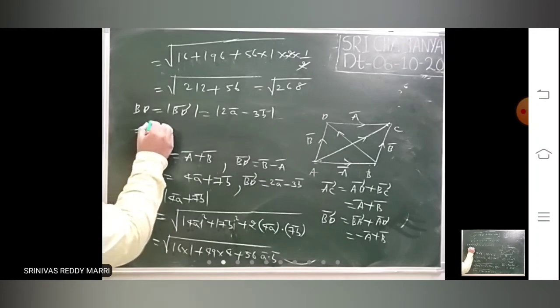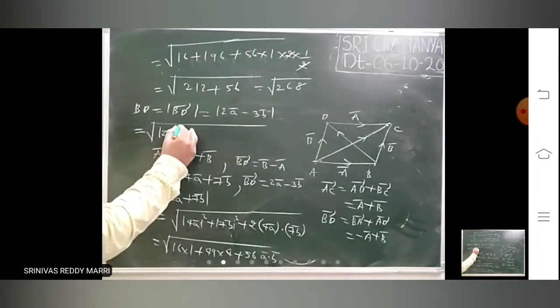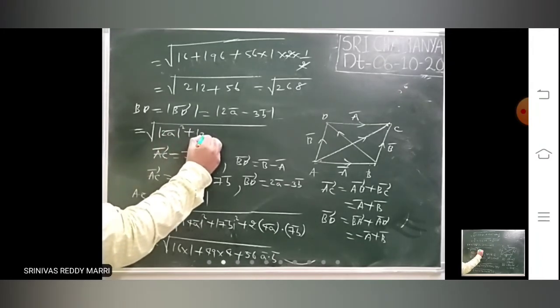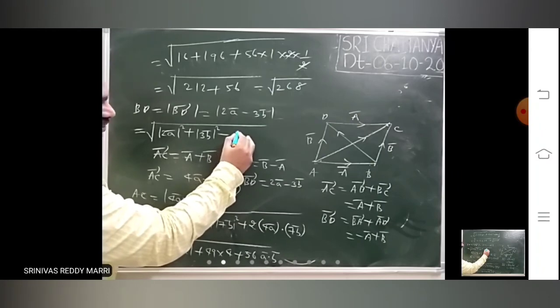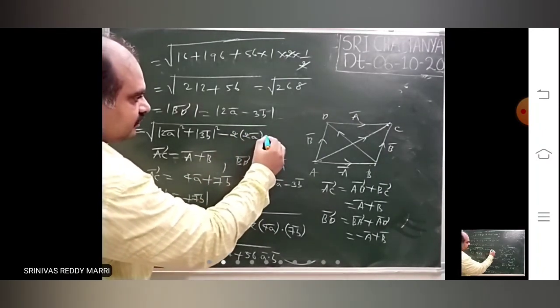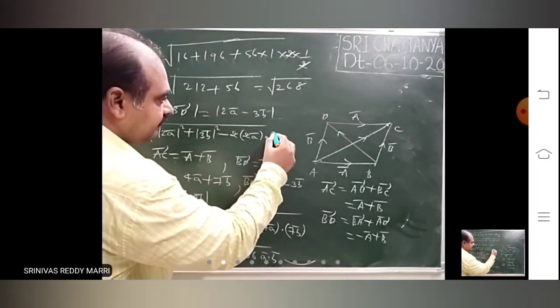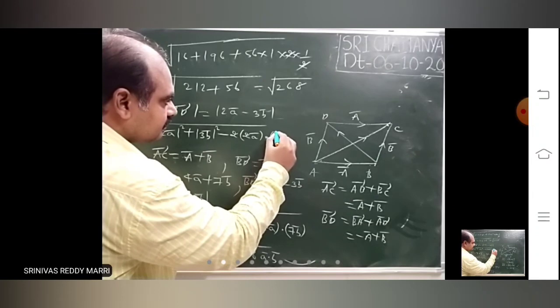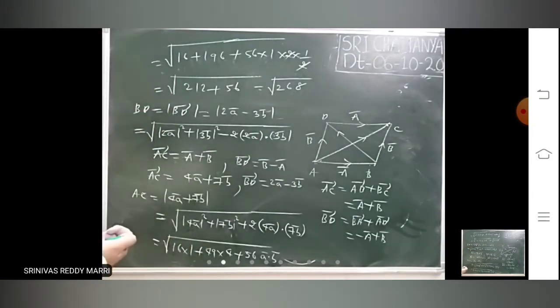What is the formula for modulus of A bar minus B bar? Modulus A square plus modulus B square minus 2 into A bar dot B bar. First you write the formula.